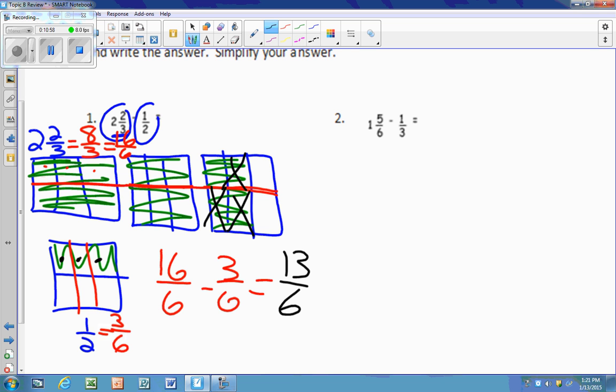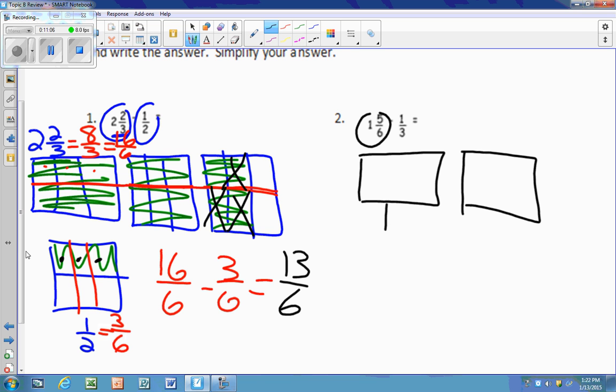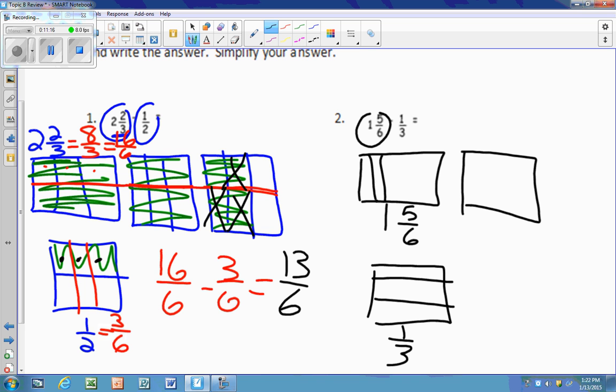The next problem over here is a whole with another fraction, so we need 2, which will represent my 1 5/6. And this is another one, which will represent my 1/3. So we're going to split this up into thirds. We're going to split this up into sixths.